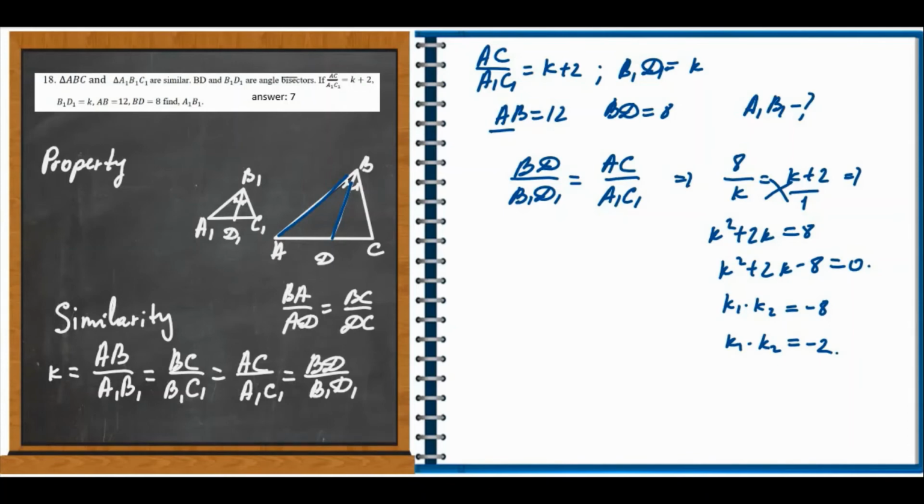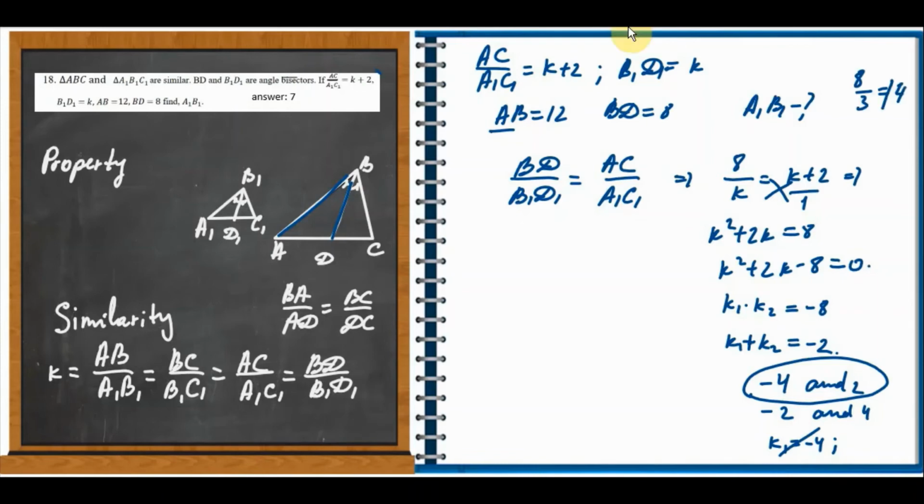What two numbers have product negative 8? Either negative 4 and 2 or negative 2 and 4. In which case is the sum negative 2? So we will take this. K cannot be negative 4 because K represents B1 D1, the distance. It's not negative. So K is going to be positive 2.